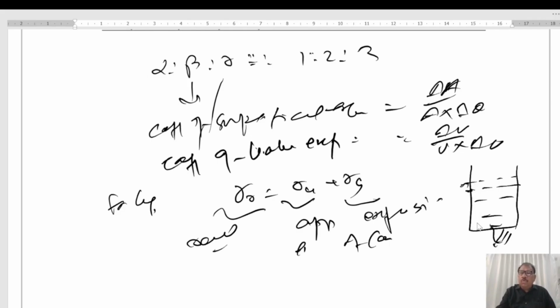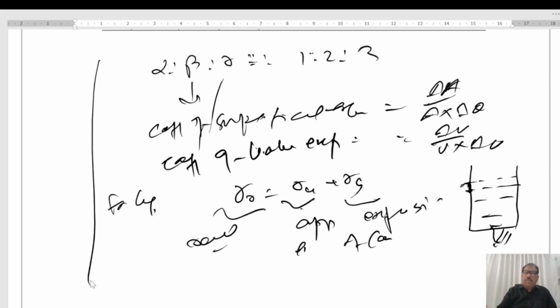The liquid level will go down. After that, the liquid will expand. Expansion of liquid is more than the expansion of the container, so the level will move upward. This is visible to the observer. This is the apparent expansion. So gamma R, the real expansion, is equal to gamma A, the apparent expansion, plus gamma G, the expansion of glass.